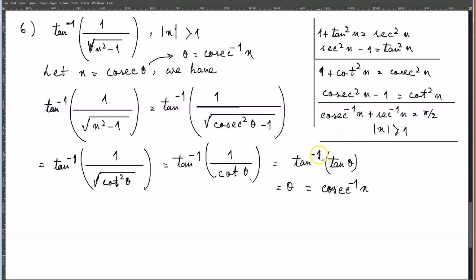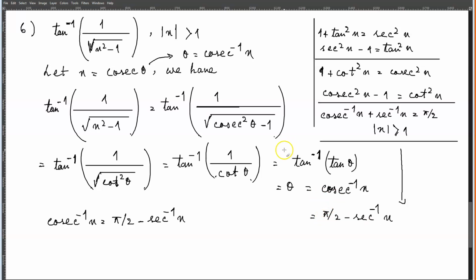Which means that I can write cosecant inverse of x based on this as pi by 2 minus secant inverse of x. So cosecant inverse of x, I can write it as pi by 2 minus secant inverse of x. You can write them in these two ways.